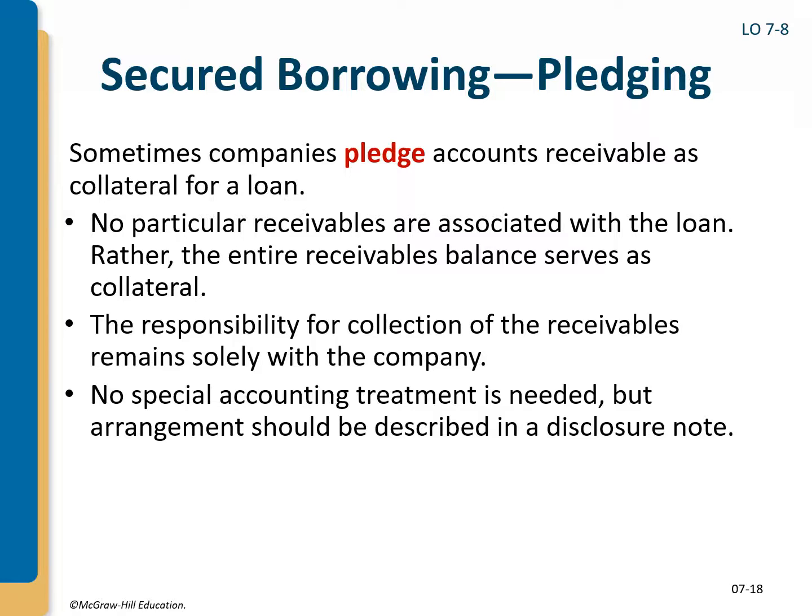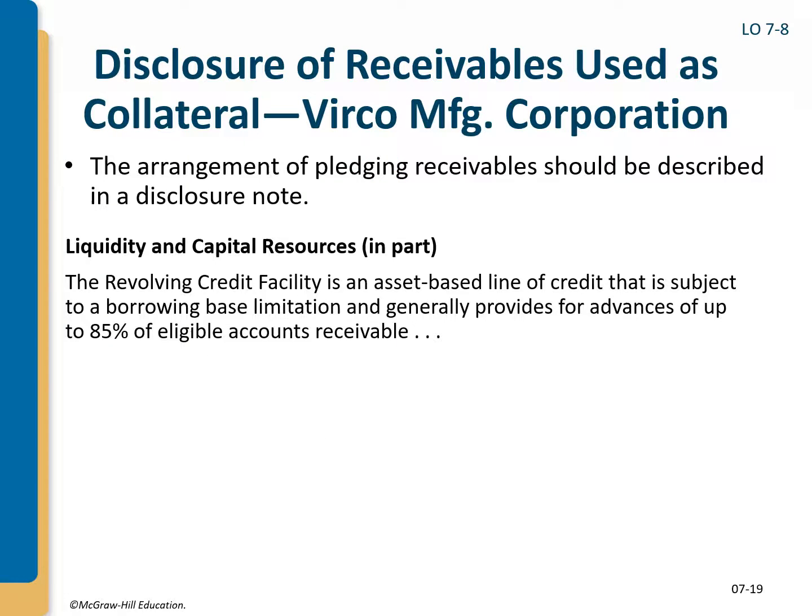Now, sometimes companies pledge accounts receivable as collateral, as we said. Maybe no particular receivables are associated with the loan. Rather, the entire balance serves as collateral, or a portion of the balance. The responsibility for collecting them still remains with the company, and there's no special accounting treatment while you're collecting them, but you should disclose the arrangement in a note to the financial statements.